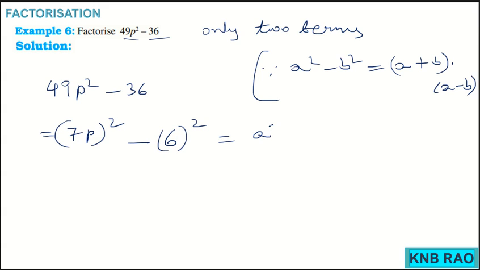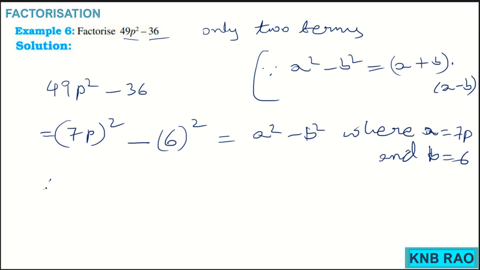It looks like a square minus b square, where a is equal to 7p and b is equal to 6. Therefore, we can write this as 7p plus 6 into 7p minus 6.